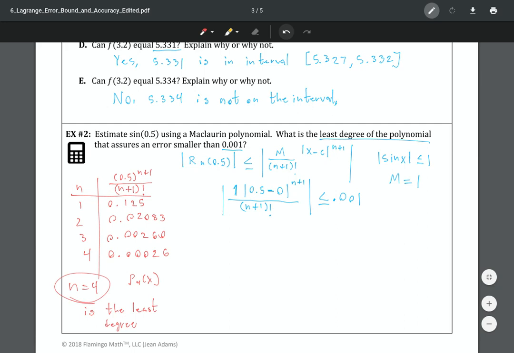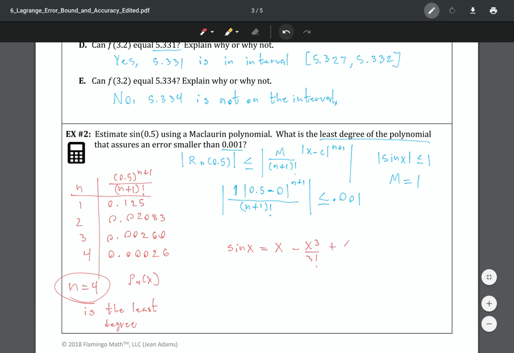All right, so essentially what we're trying to do here, if you look up your Taylor series for sine, or Maclaurin series in this case, you would end up with something like this.